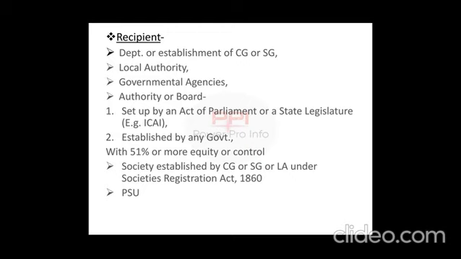For example, the Institute of Chartered Accountants of India, which is established under an Act of Parliament, or an authority or board established by any government but with at least 50% or more equity or control. Further, the recipient can be a society established by CG or SG or a local authority under the Societies Registration Act 1860, or it can be a public sector undertaking.